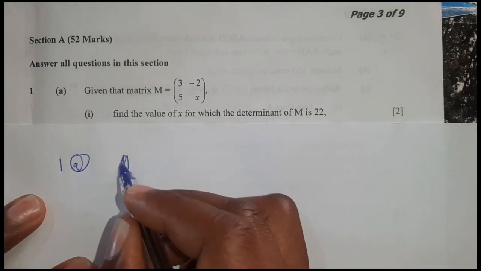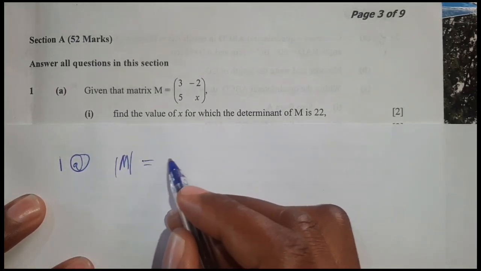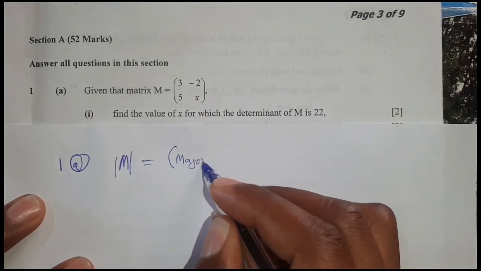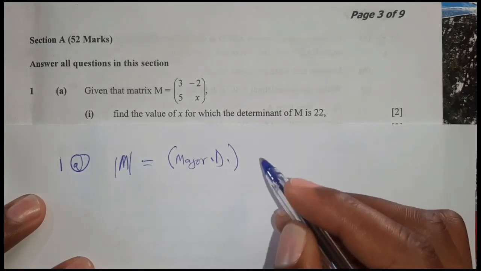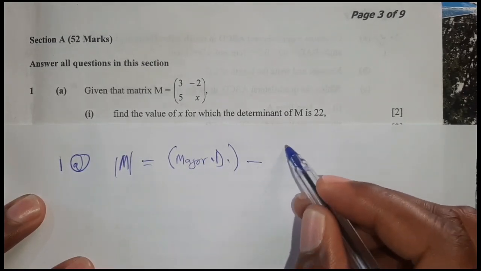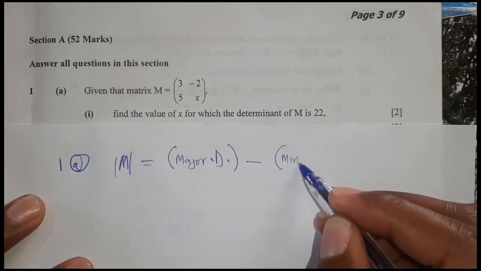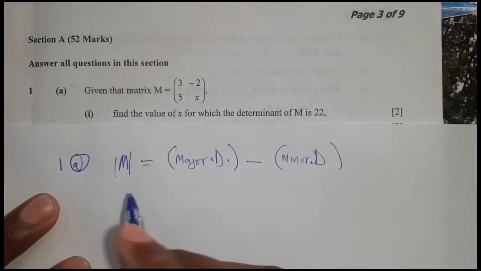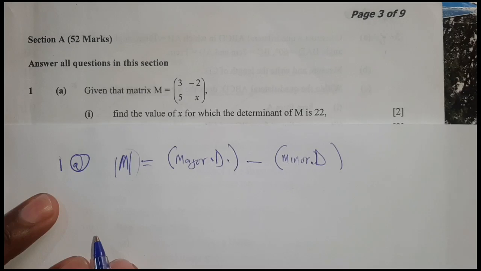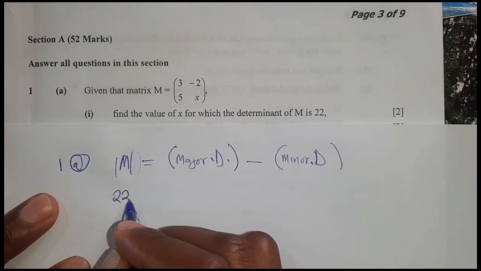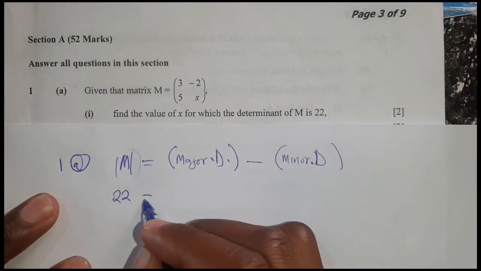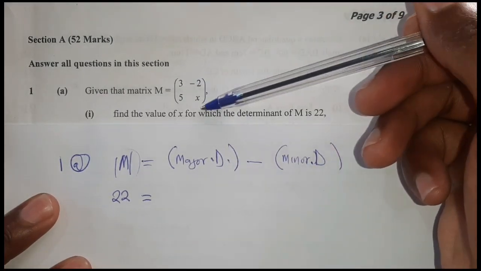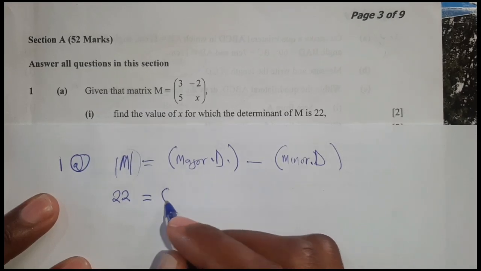Okay, so determinant of M will be equal to the product of major diagonal minus the product of minor diagonal. So in this case our determinant we've been given as 22, equals to major diagonal is this, using your right hand, so 3 times x, in bracket.